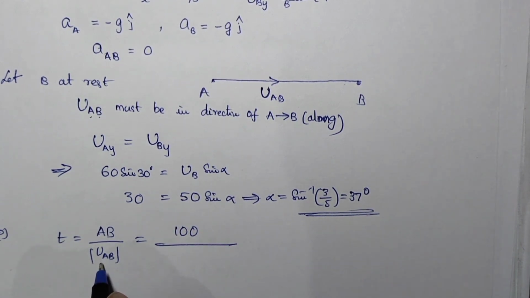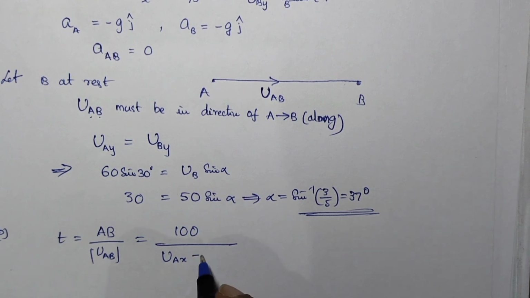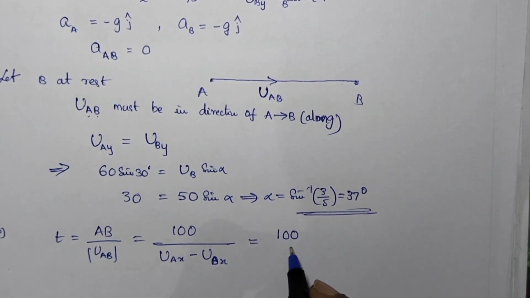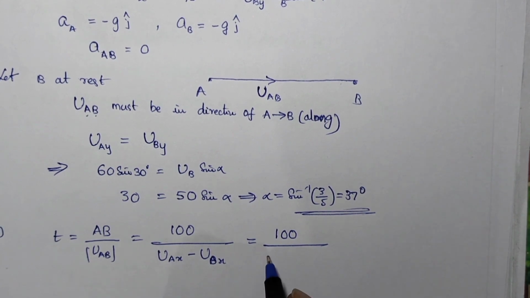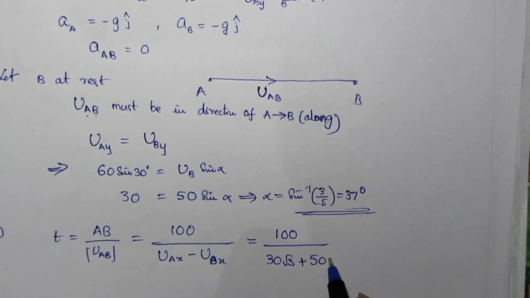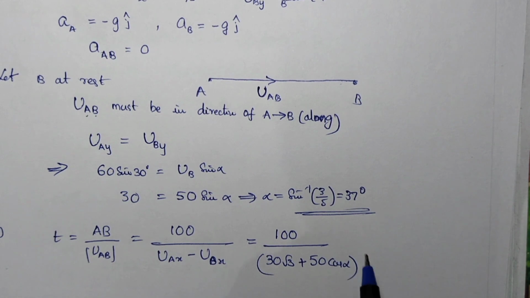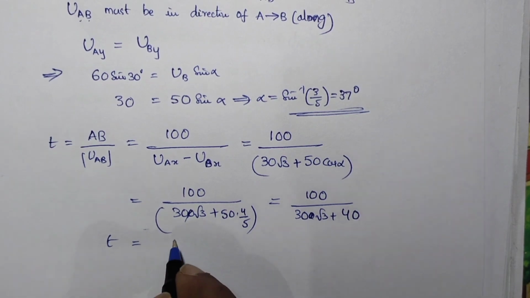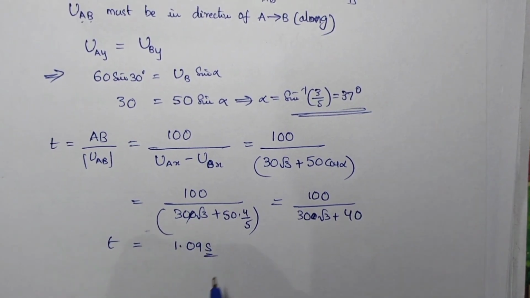The relative velocity of A with respect to B in the x direction is u_Ax minus u_Bx. So t is equal to 100 divided by 30 root 3 plus 50 cos alpha, which is 1.09 seconds if you simplify this.